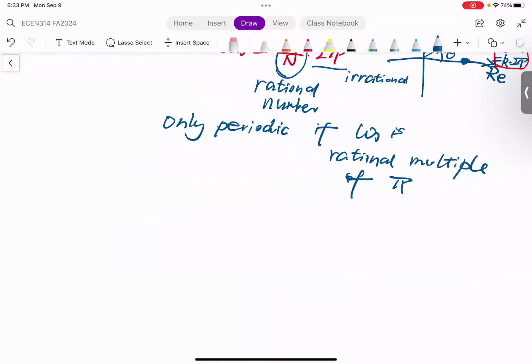so let's look at another example though. Let's say sine of 2 pi divided by 7 n plus 1. Okay, so maybe I should use a different one. Let me use just pi.